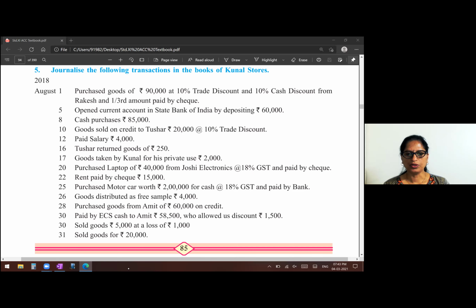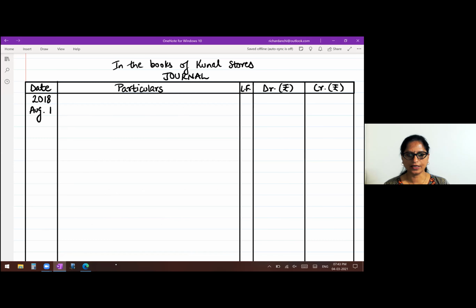So now we will draw the journal and then take one transaction at a time. So write down in the books of Kunal Stores, draw the journal, the format.